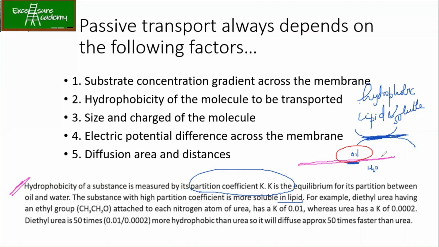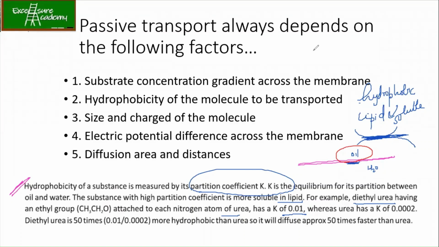Now for example, diethyl urea, having an ethylene group attached to each nitrogen atom of urea, has partition coefficient of 0.01. डाई इथाइल यूरिया का फॉर्मूला क्या है? Anyone? अच्छा, यूरिया का मालूम है किसी को?